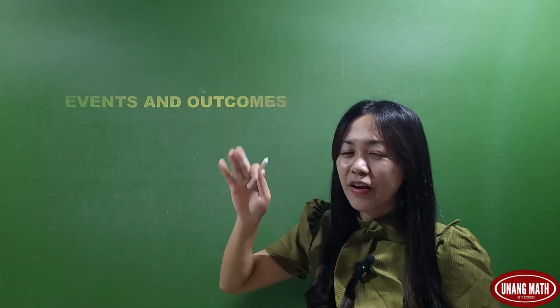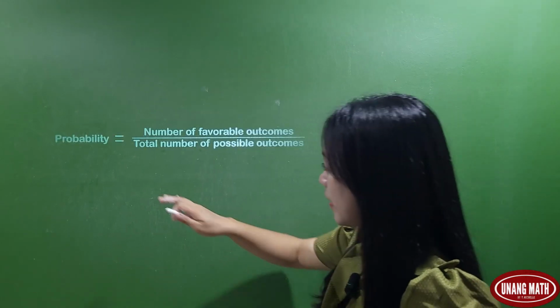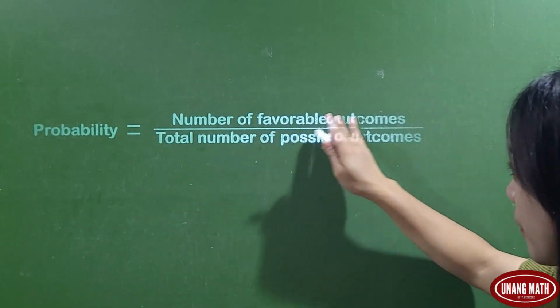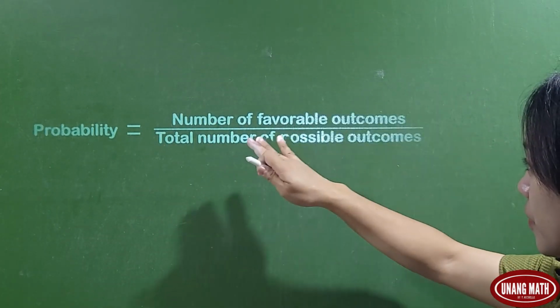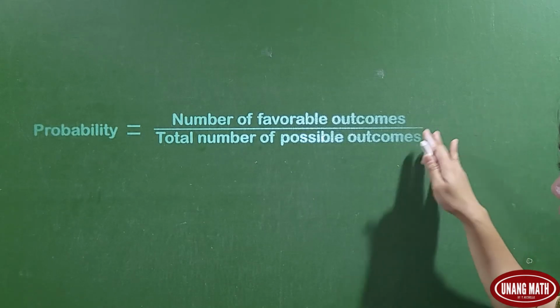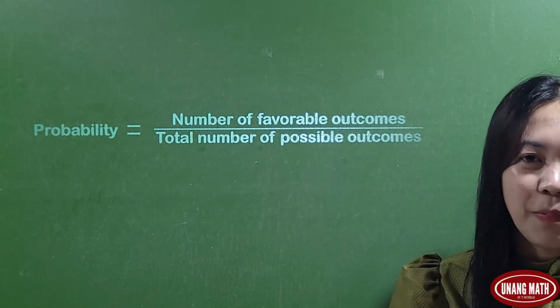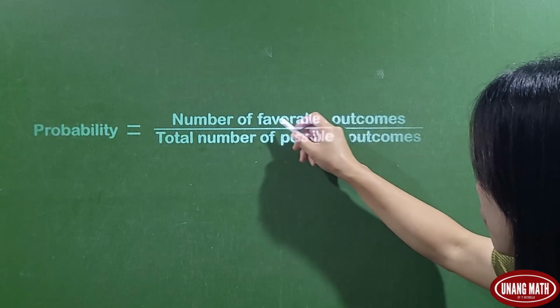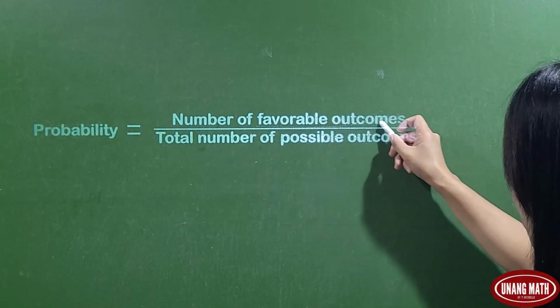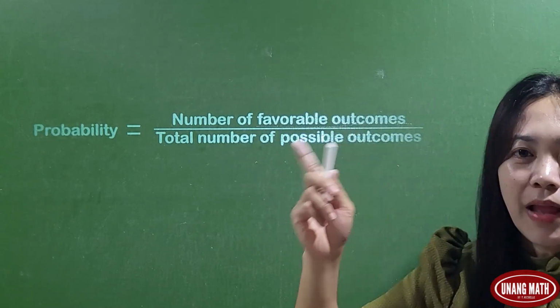Outcomes have two kinds: possible outcomes and favorable outcomes. Probability is equal to the number of favorable outcomes divided by the total number of possible outcomes. Now, there are procedures or ways on how to find favorable outcomes.